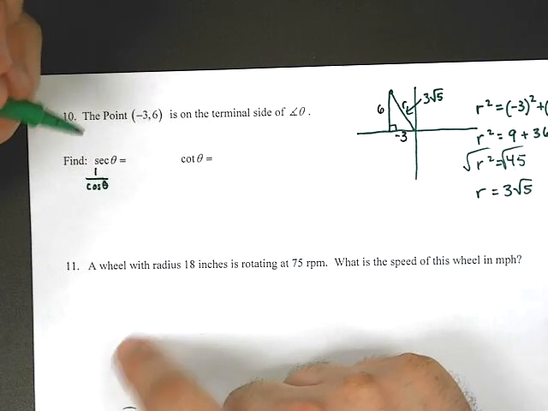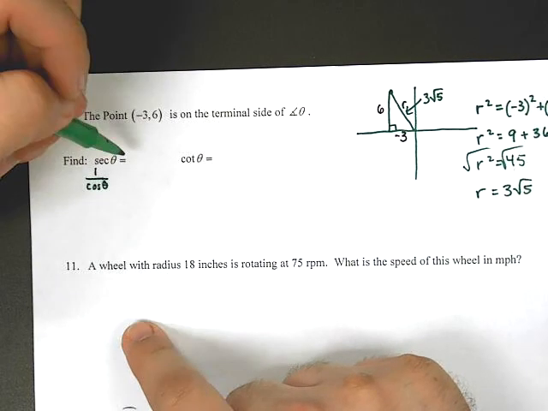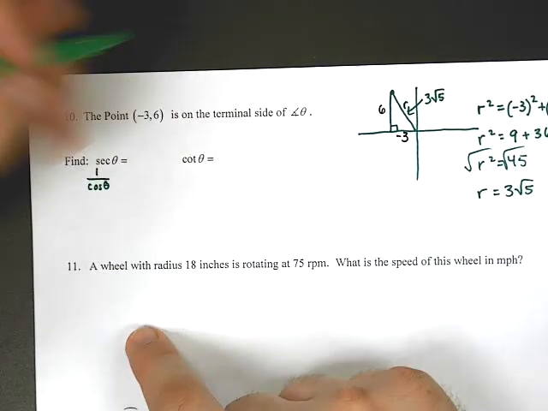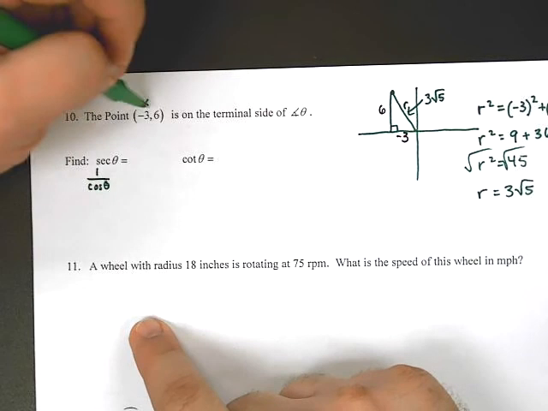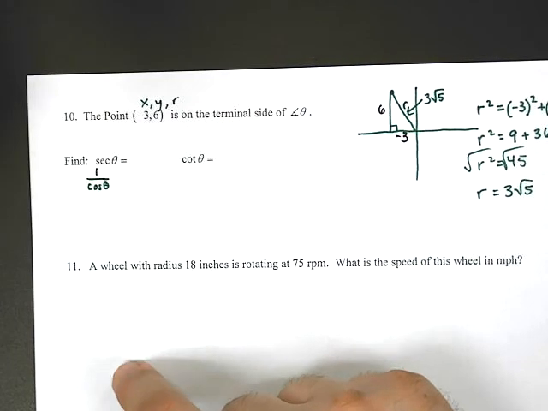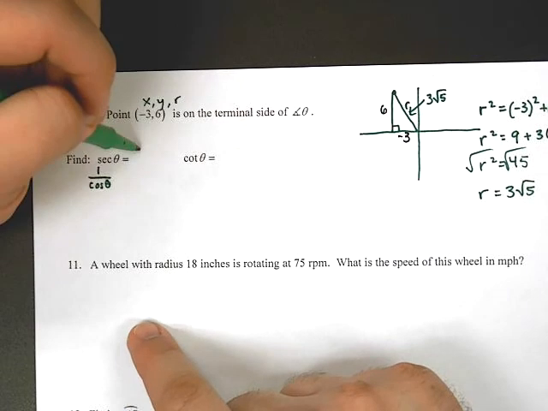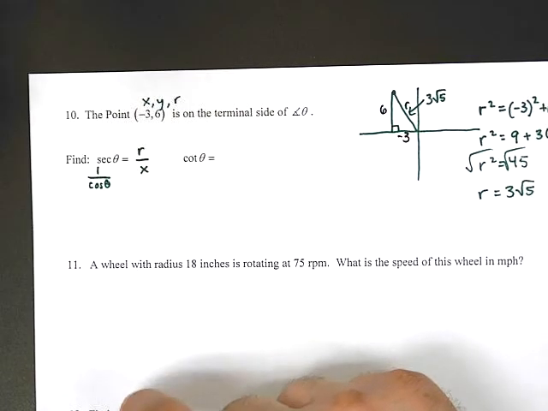There's lots of ways to think about this. I tend to use, especially when we draw these, letters like x, y, and r. So instead of using hypotenuse and adjacent, I would probably say r over x in this case.